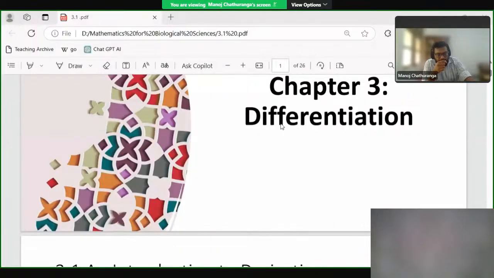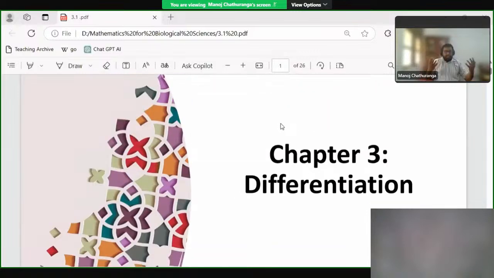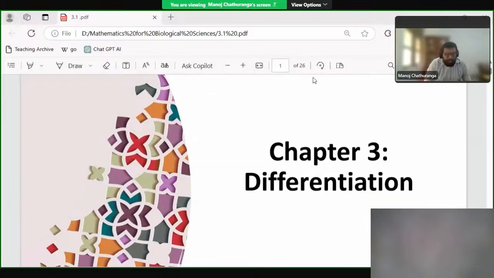Our next topic is a new chapter. It's called differentiation. This is the most important part of this course. In the first chapter, we spent a lot of time making the ground, revisiting the concepts that we knew.